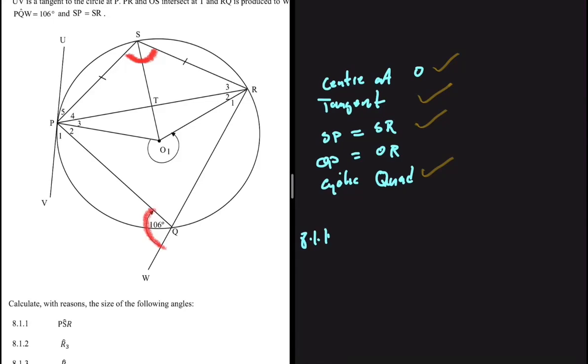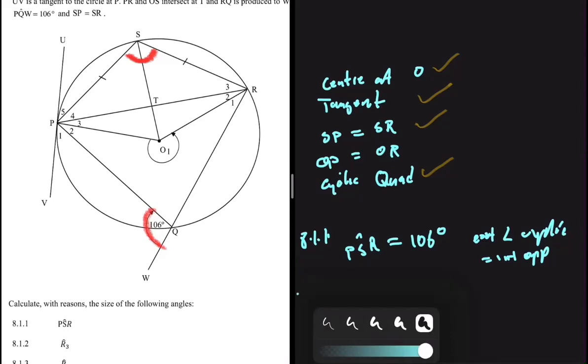An exterior angle of a cyclic quad is equal to interior opposite. So we can say that PSR is equal to 106 degrees. That is because an exterior angle of a cyclic quad is equal to interior opposite angle.